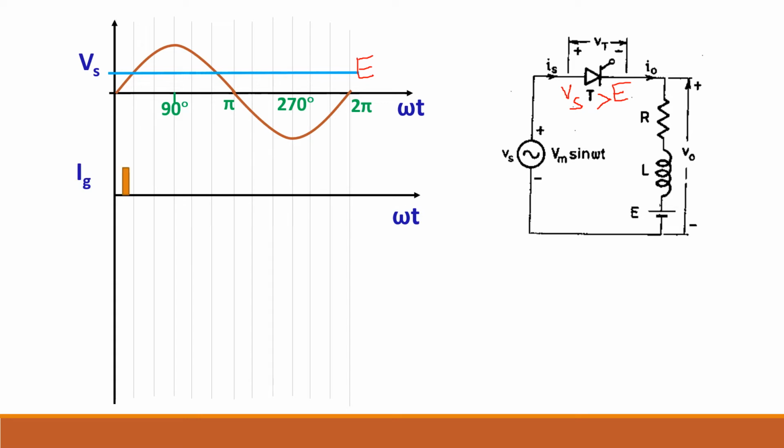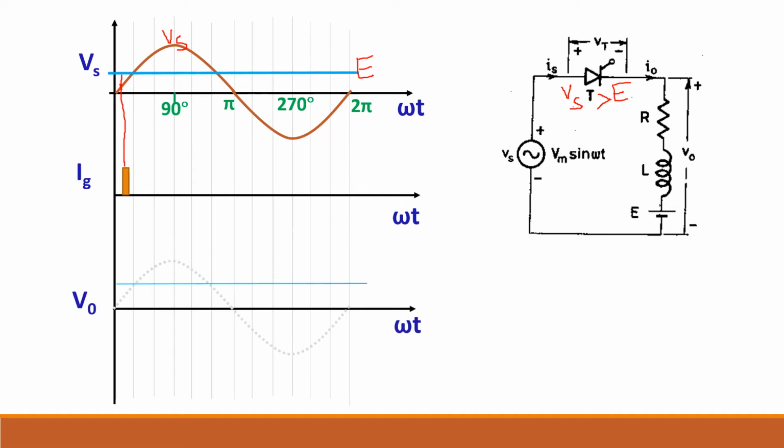Now let me apply a gate pulse here. So you see here, I have applied a gate pulse at this point. At this point, this Vs, this brown color line is Vs. This Vs is lower than the back EMF E. So though I give a gate pulse, the thyristor will not conduct because it is reverse biased.